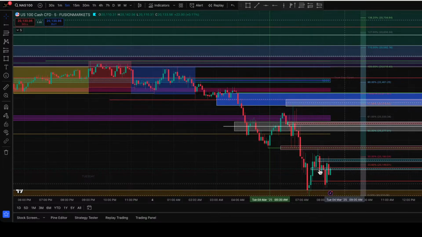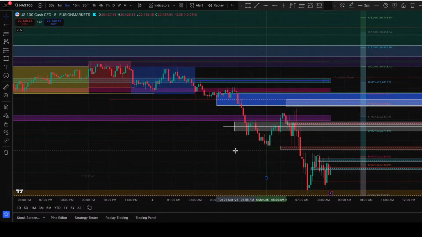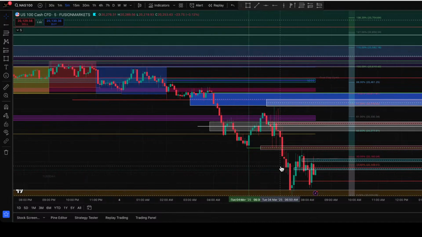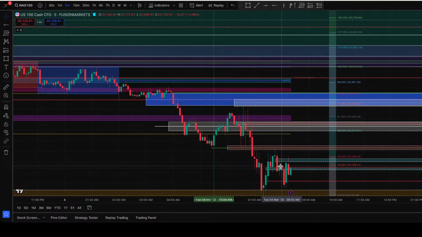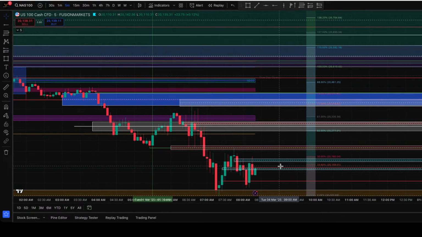So 10 minutes to go and we're still stuck in that zone, whole bunch of nothing. So after this candle, we'll do one more. If we have not gotten confirmation, we're going to conclude the session there.